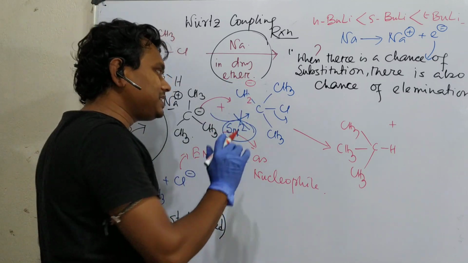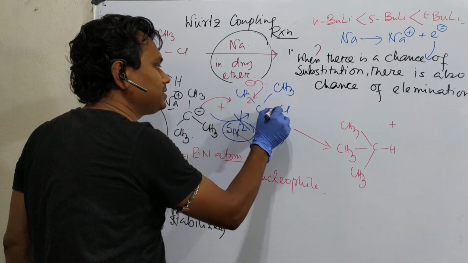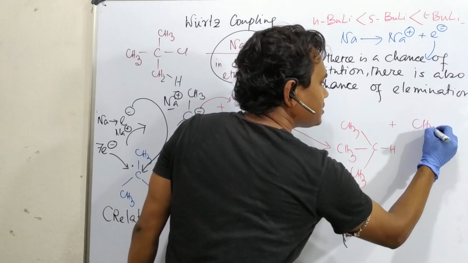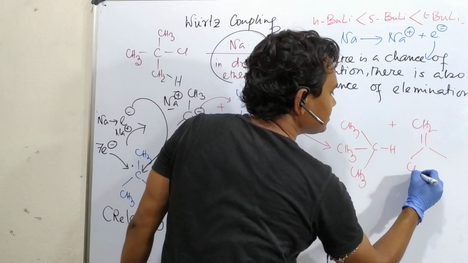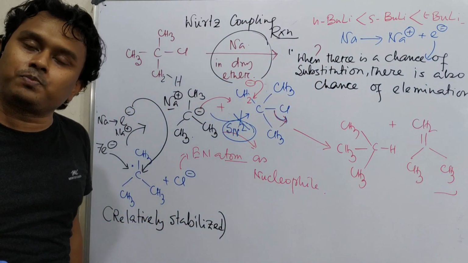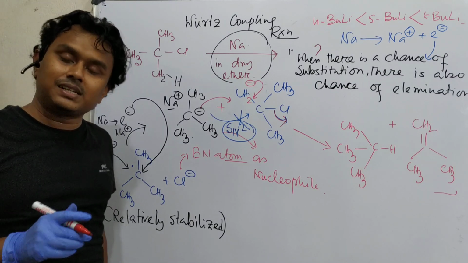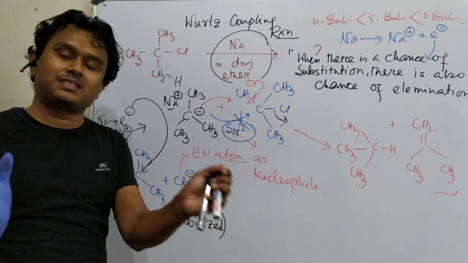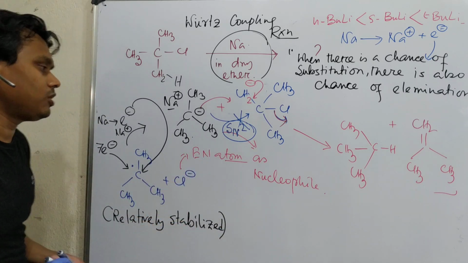Actually not E1CB, it's an E2 pathway. So this Cl will leave. So ultimately the product is CH2 double bond this. So the general statement: substitution is favored on a primary carbon center, elimination is favored on a tertiary center, and in case of secondary, a mixed thing occurs. So case to case we have to discuss.